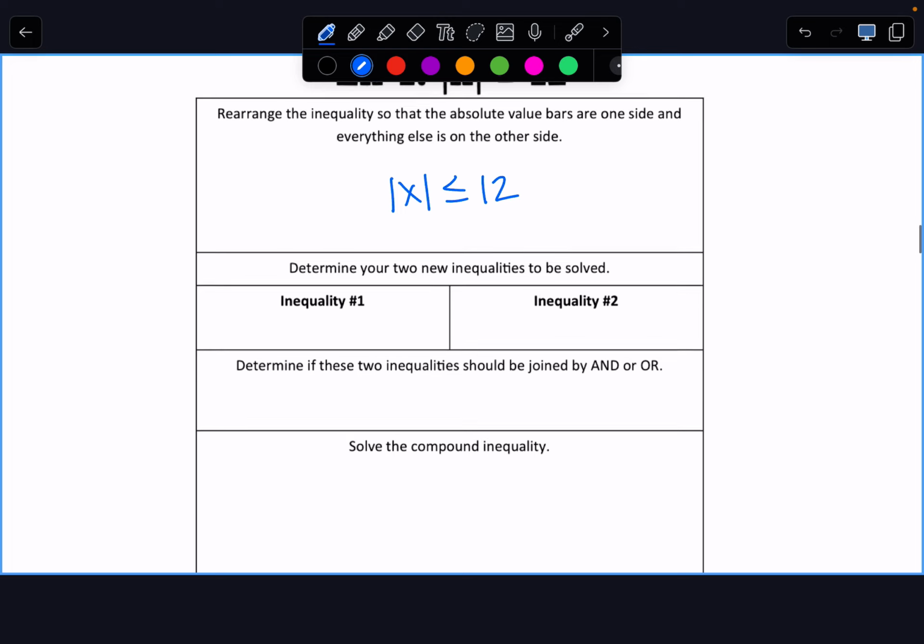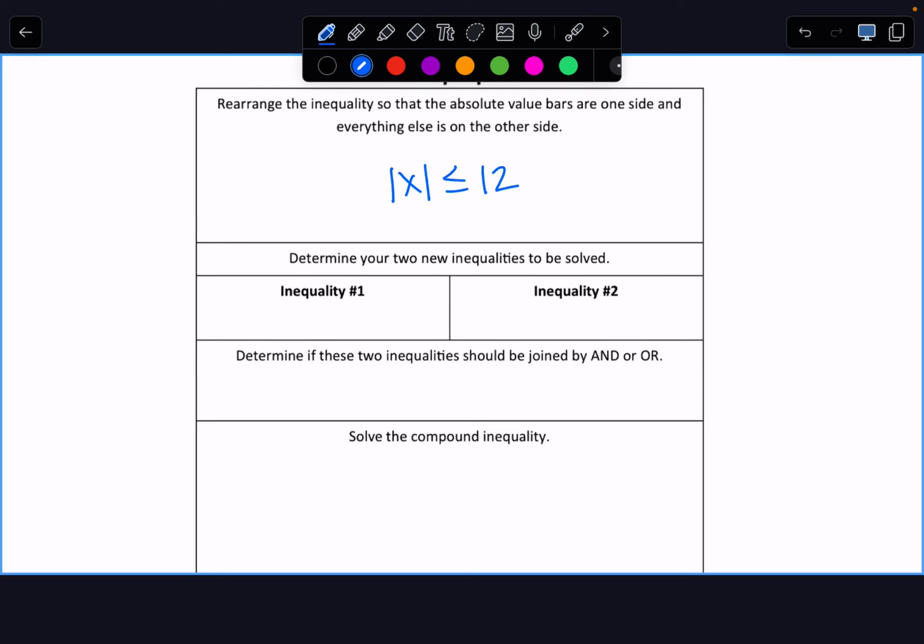Okay? Now, what we get to do is we get to break this up into two different inequalities. Okay? So we're going to ditch the absolute value sign. And inequality 1 is the exact same. But inequality 2, we take the sign and we flip it.